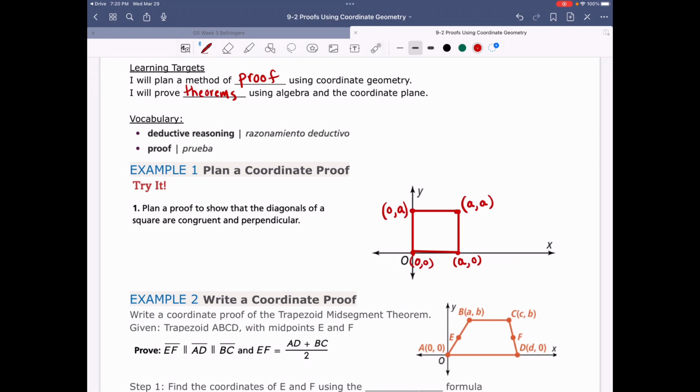Now, we want to prove that the diagonals of a square are congruent and perpendicular. So we need to come up with a plan. So step 1, draw a square and label points.